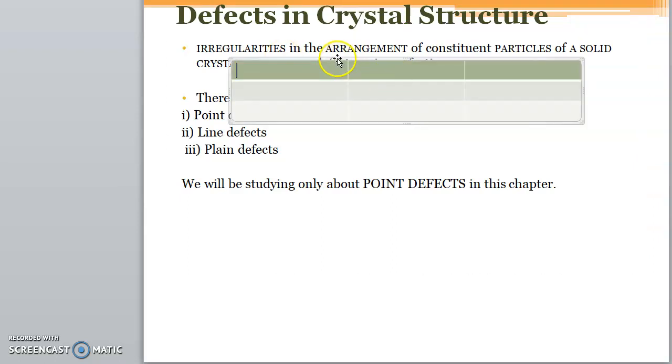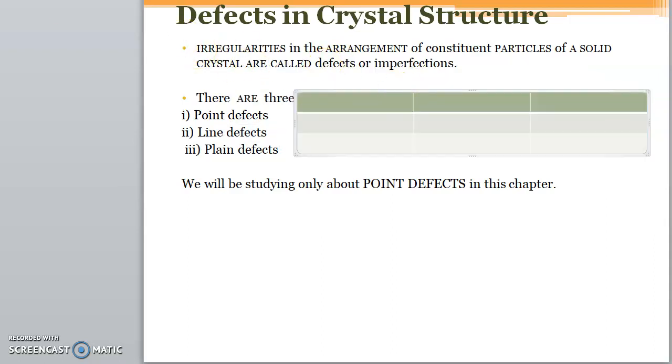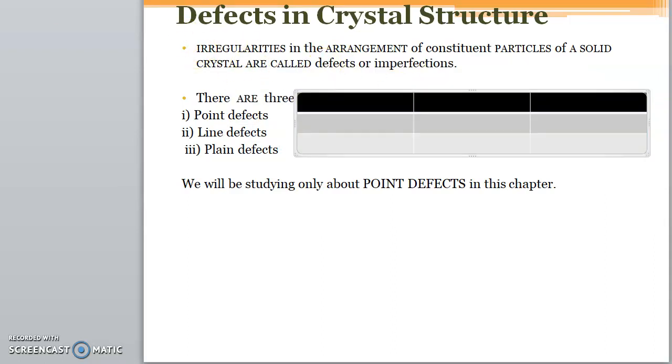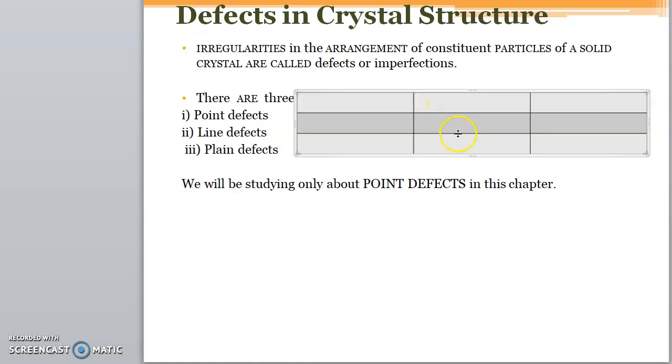Okay, imagine this is the crystal structure. Now these are the points wherever my cursor is, my dear students. 1, 2, 3, 4, 5, 6. So all these intersecting points are my lattice points.